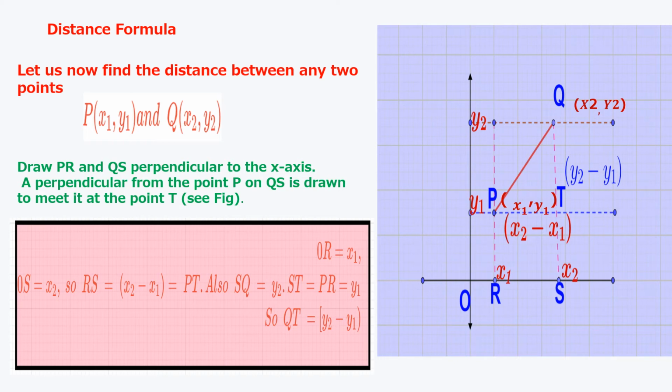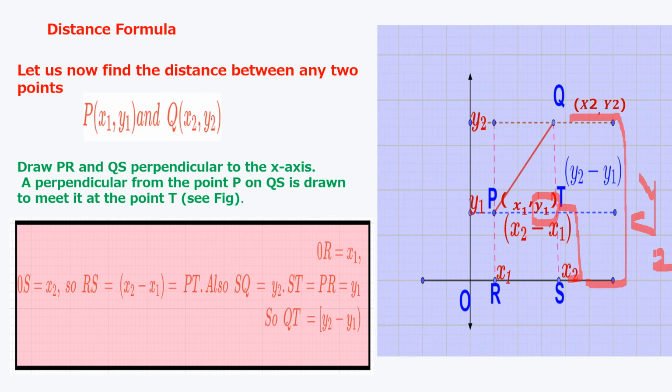Similarly, let us take this distance from here to here as y2, and we will subtract y1, which is over here. y1 is the y coordinate of point P. So this much distance is y1, the vertical distance of point P from the x-axis.